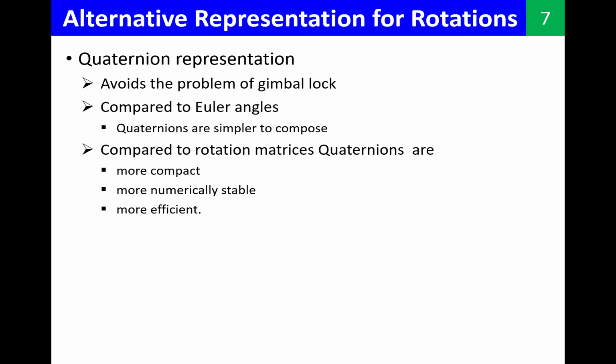And if you compare it with rotation matrices, it is compact because rotation matrices have 9 elements to deal with, but in quaternions, as you will see today, we are only dealing with 4 elements. That's how the quad part comes in, right? We have 4 elements only. So it's a more compact representation, and it's also numerically stable and more efficient to calculate, right?